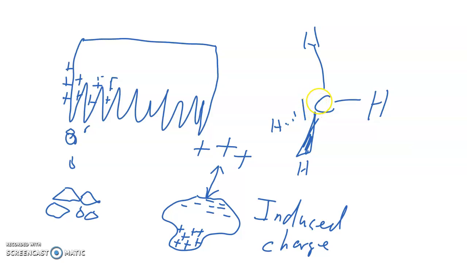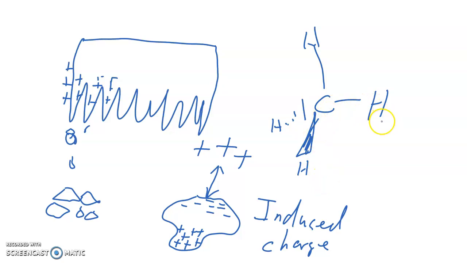In this case, how can this molecule be attracted to another same molecule, because there's no typical force around it? So what happens is it will follow the same principle as the comb and paper over here. It will induce a charge.